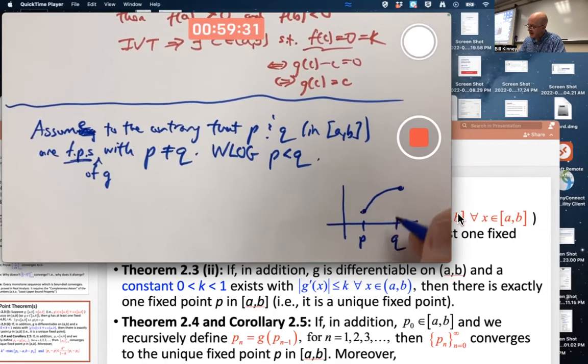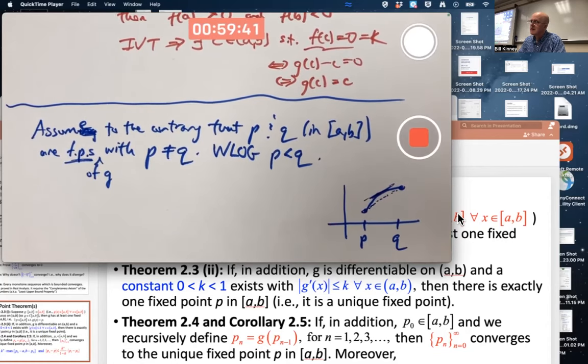It says there's got to be some value of C between P and Q, where the slope of this secant line equals the slope of this tangent. The secant line between the 2 points on the graph and the tangent line have to be parallel.